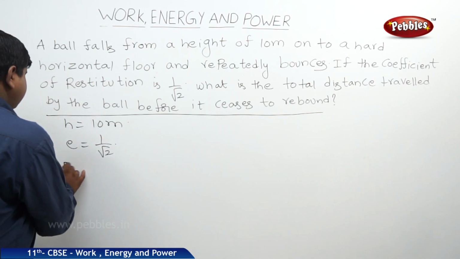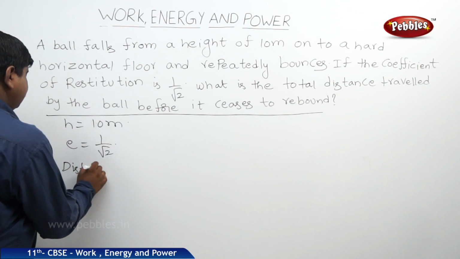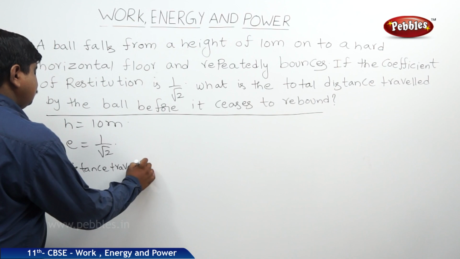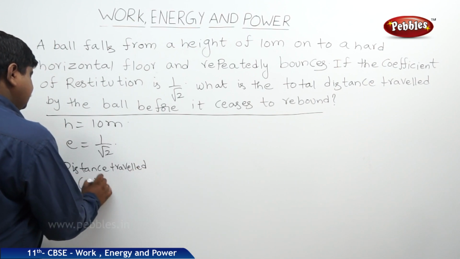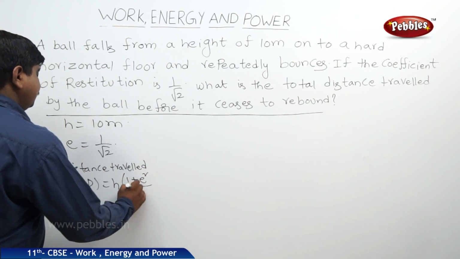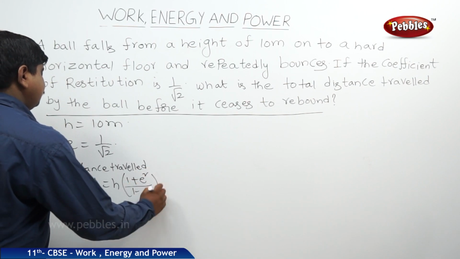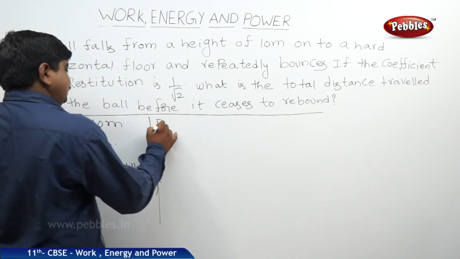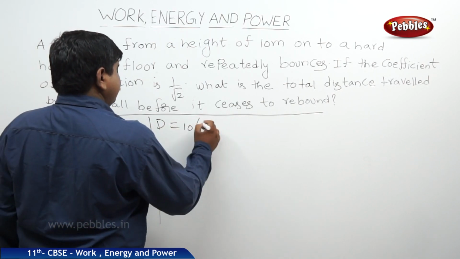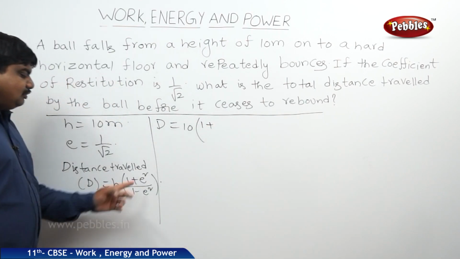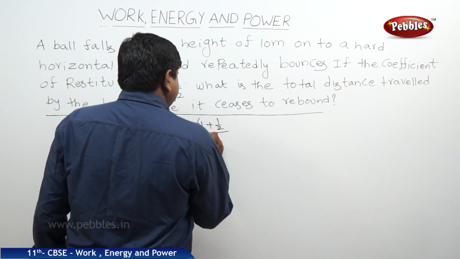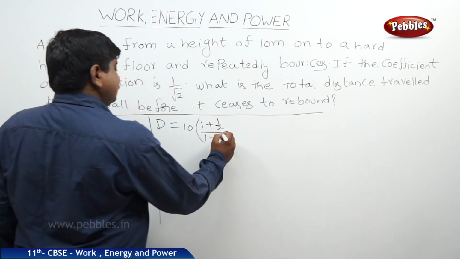So the distance travelled d is equal to h into (1 plus e square) by (1 minus e square). Therefore d is equal to, where h is 10 meters, into 1 plus e square, which is 1 by root 2 whole square, it is nothing but 1 plus half, divided by 1 minus e square, which is 1 by 2.